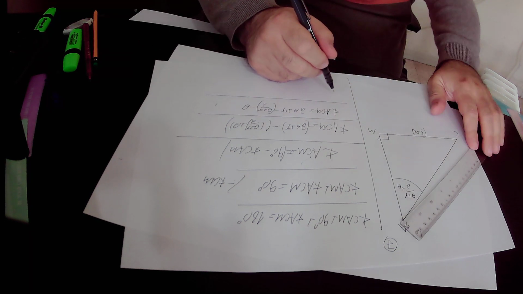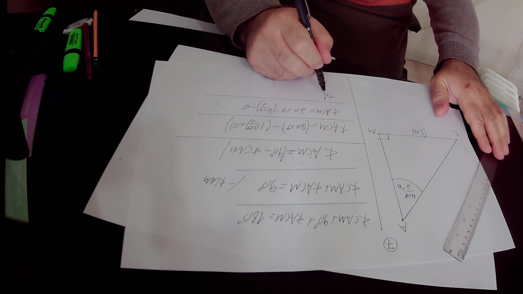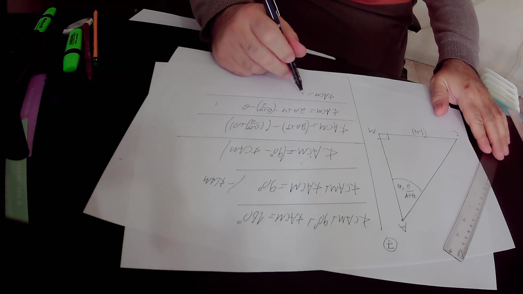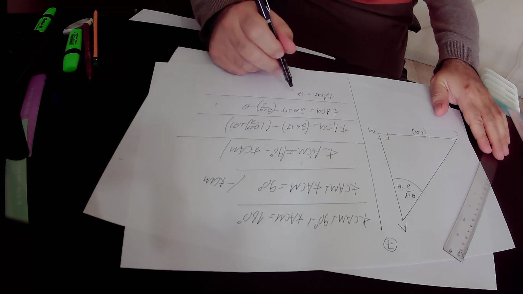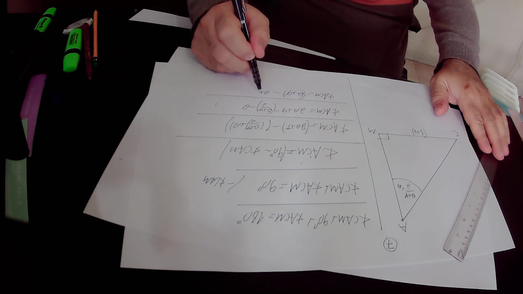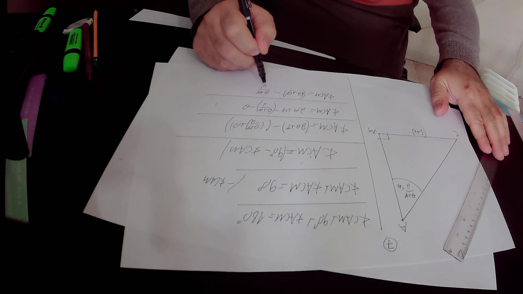So we know that angle ACM is equal to 2 theta minus theta is theta plus alpha minus theta plus alpha over 2.